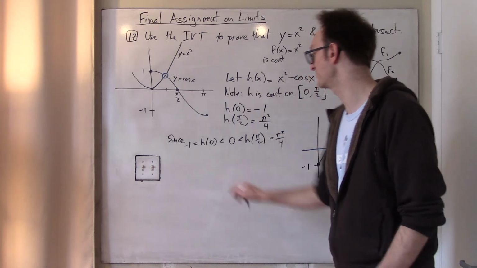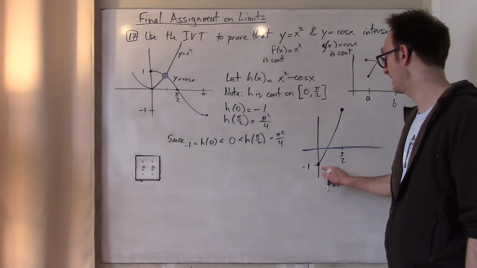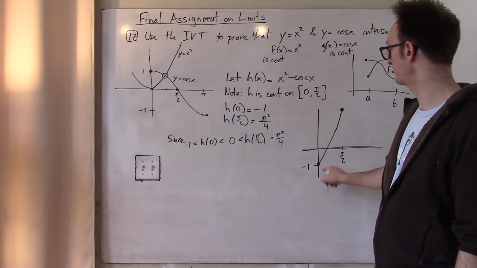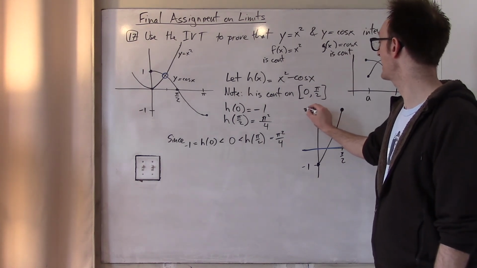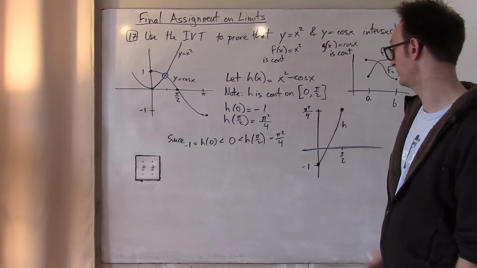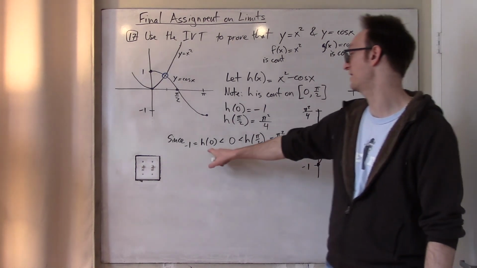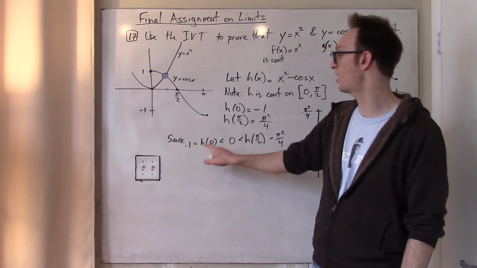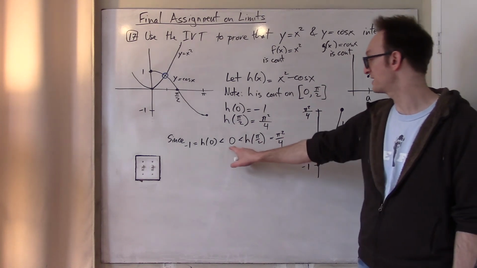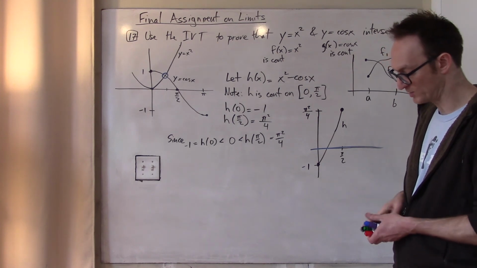So what I'm telling you is that there's this certain interval that I'm choosing to care about, the interval from 0 to pi over 2. Pi squared over 4 is the y value at the end of the interval. This is the h function I'm drawing a picture of, and this is negative 1, the y value at the beginning of the interval. So if at 0 my function is negative 1, and at pi over 2 my function is pi squared over 4, then 0 is an intermediate y value. It's a y value in between those two.